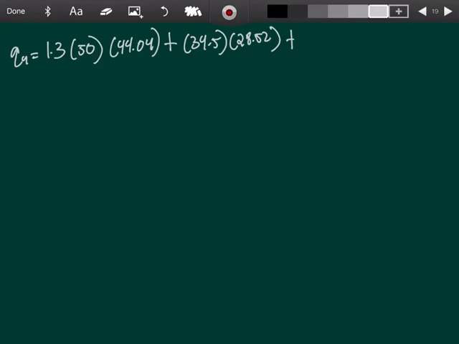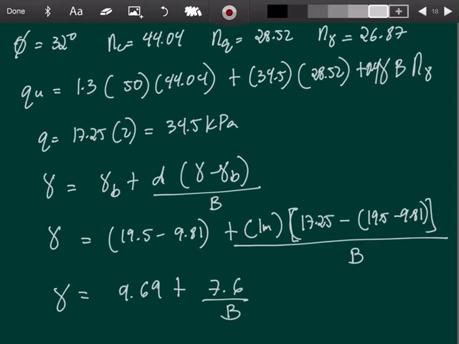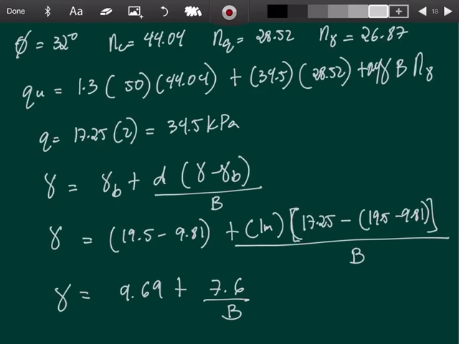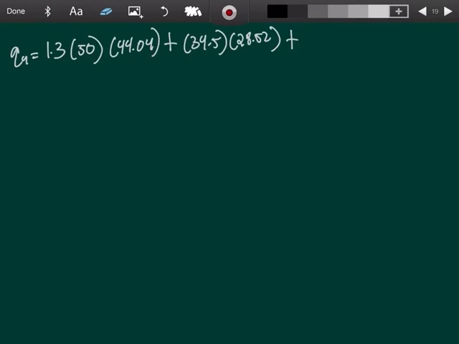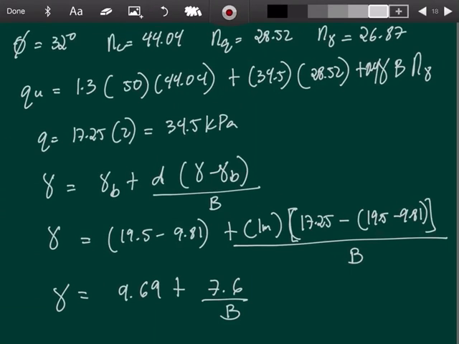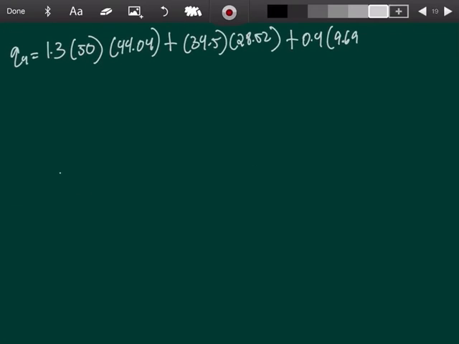At yung gamma natin ay 9.69. 0.4 pa pala, no? So 0.4 times gamma 9.69 plus 7.6 over B, times B N gamma.